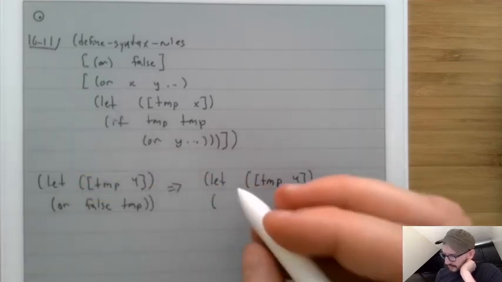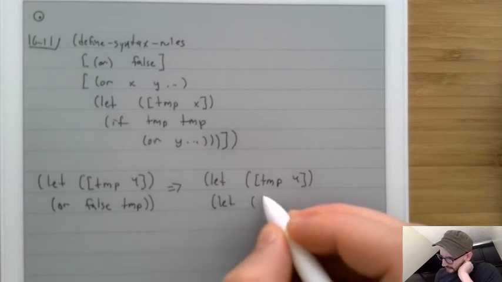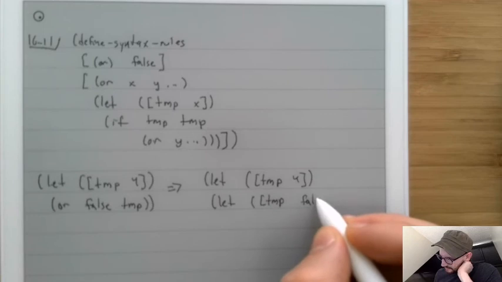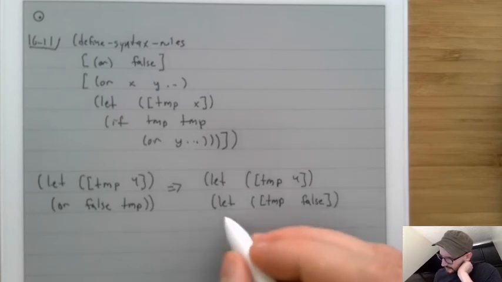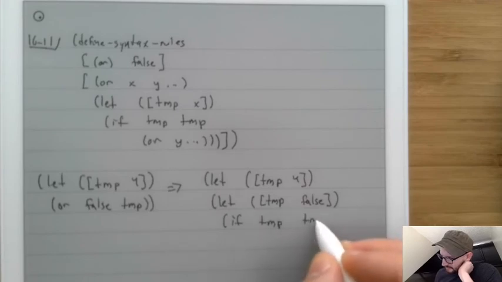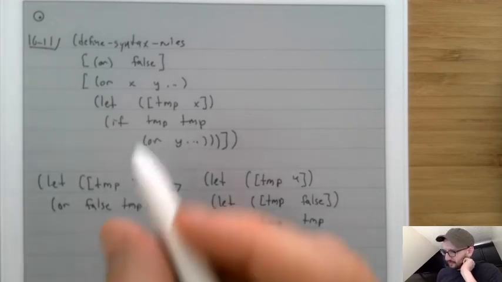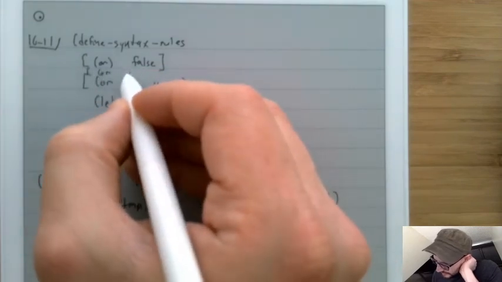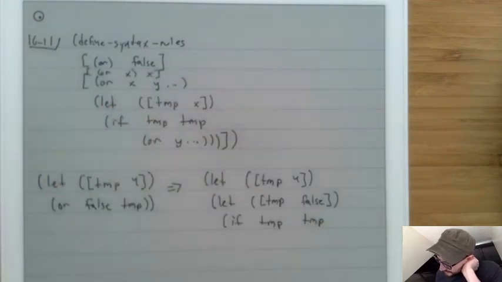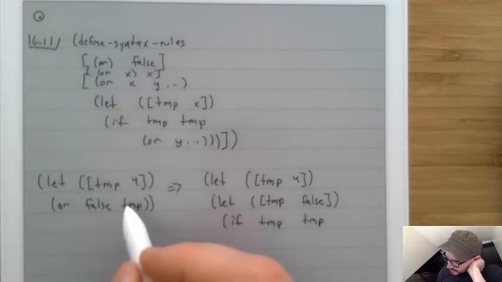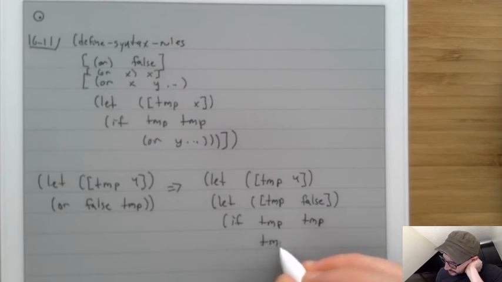Now we're going to expand the let macro, so we're going to have let temp be x, which is false. Then it's going to say if temp, right? Actually, let me add one more case here. We'll have another case that says or x just goes to x. If temp, then it's going to say or y dot dot dot, which is just or temp, so therefore that's just going to be temp. Close this if, close the let, close the let.